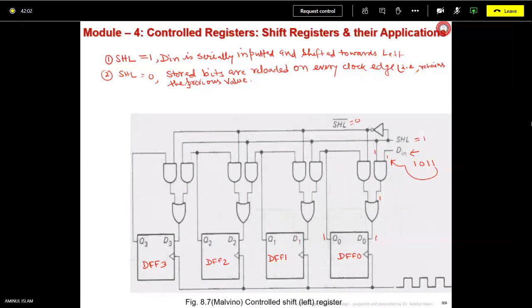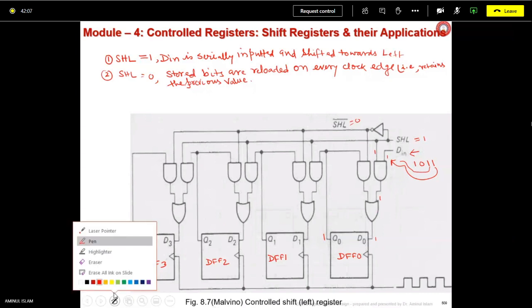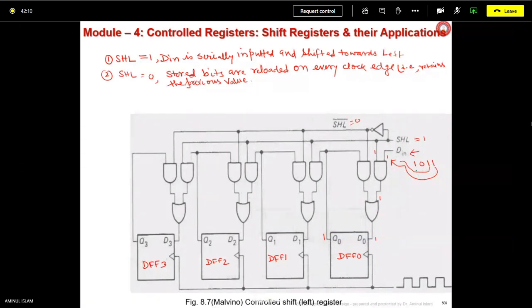Now the next bit coming is again 1. Let me take another color. The next bit is coming in this one, that is also 1, so here also 1. So now when the clock arrives, again 1 is getting stored, but this 1 is coming here also, so this is also becoming 1. So 1 1, this LSB and its nearby bit have been stored into these two flip-flops, DFF 0 and DFF 1.